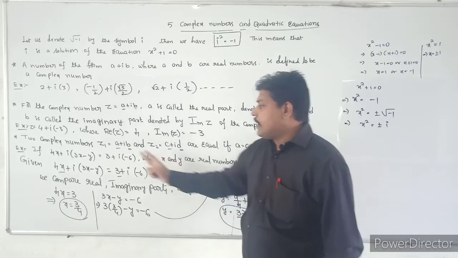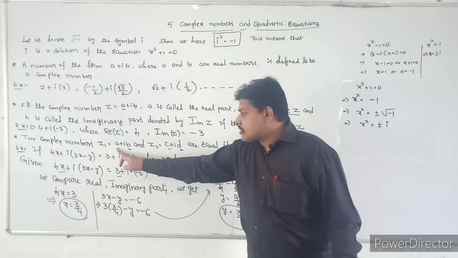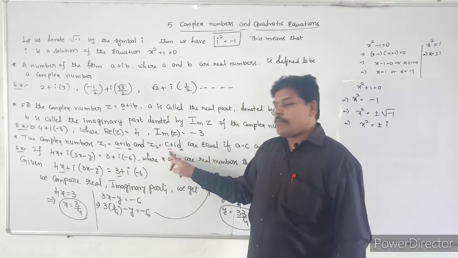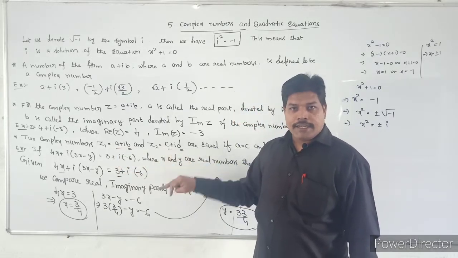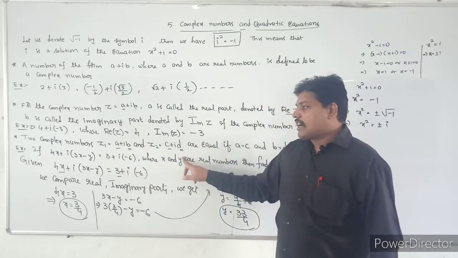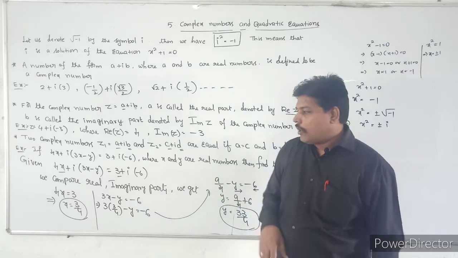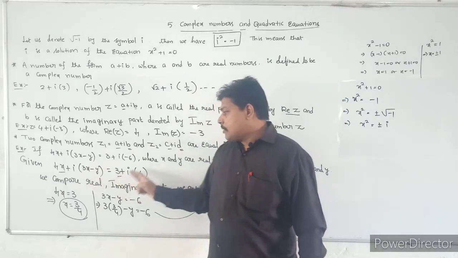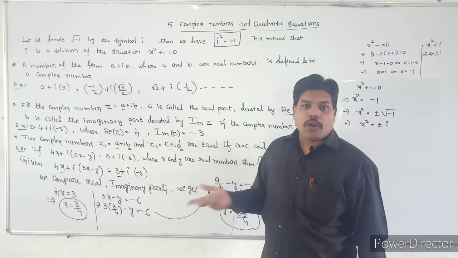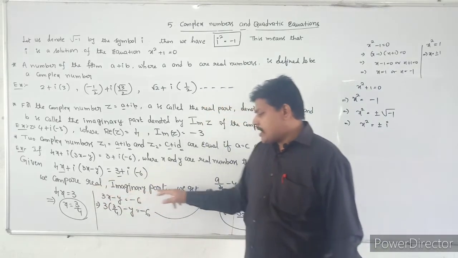Also, two complex numbers are equal when the real part of the first and the real part of the second are equal, and the imaginary part of the first and the imaginary part of the second are equal. For example, if two complex numbers are equal, then find the unknown values x and y. Compare the real and imaginary parts.